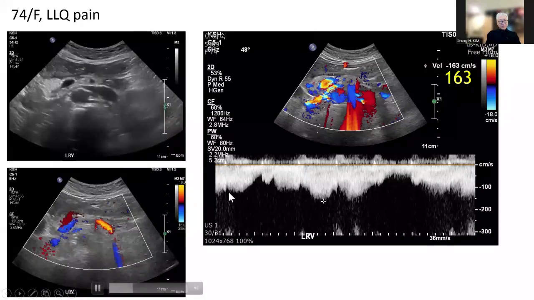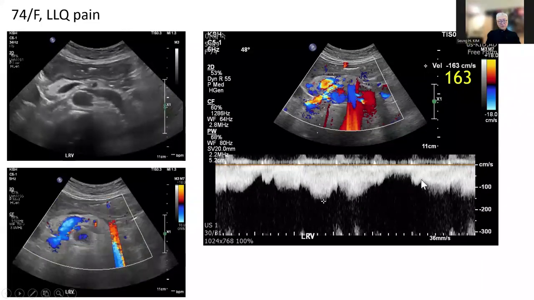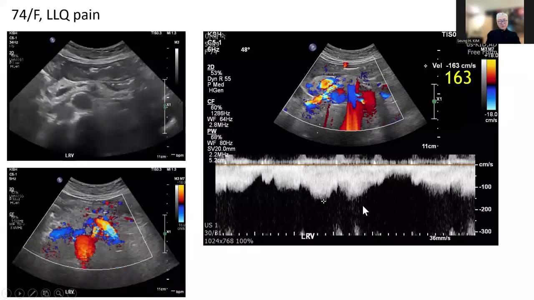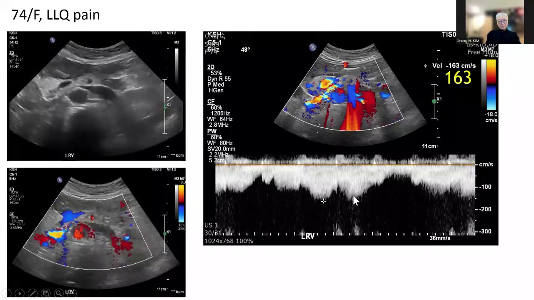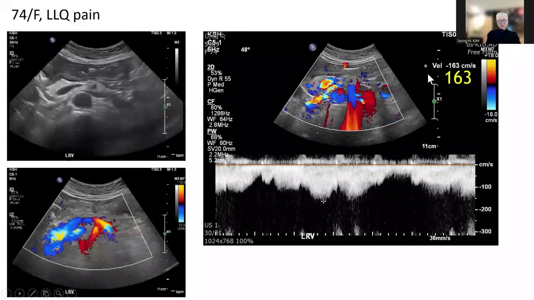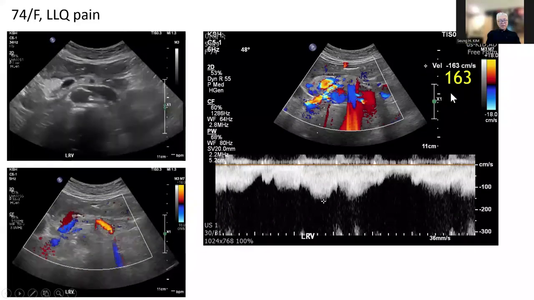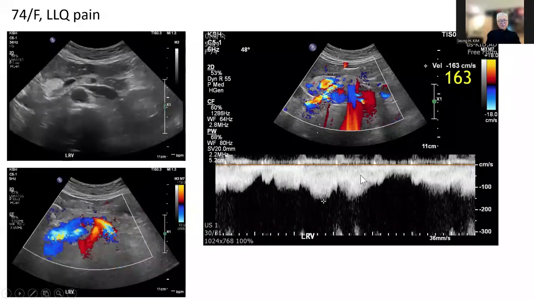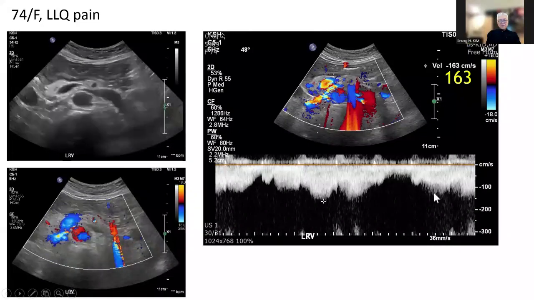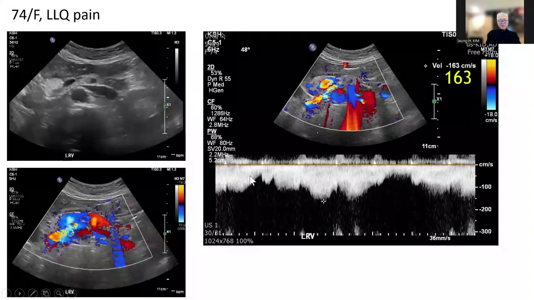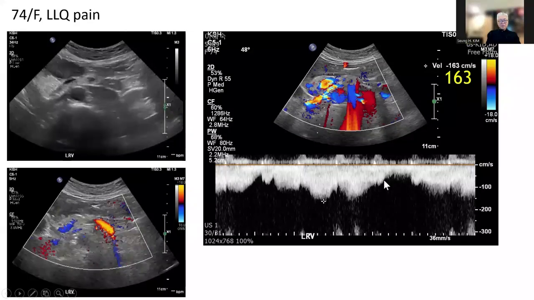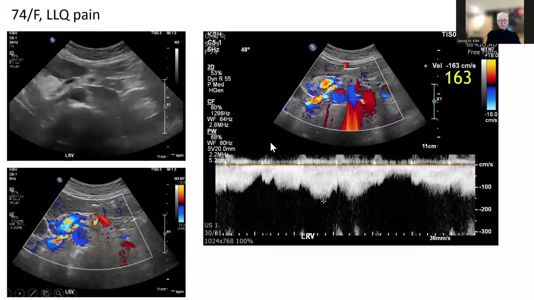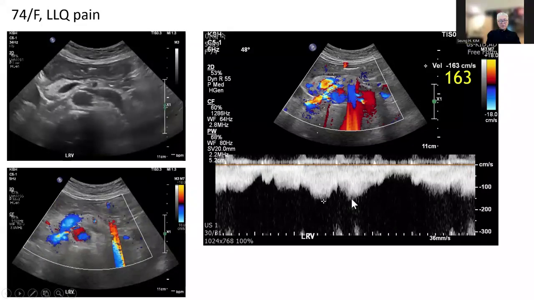This is a Doppler spectrum along the respiratory cycle, and the peak flow velocity is in this expiratory cycle. It is 163. So we should know that there are normal respiratory changes of the Doppler spectrum, and peak flow velocity is higher in the expiratory cycle.